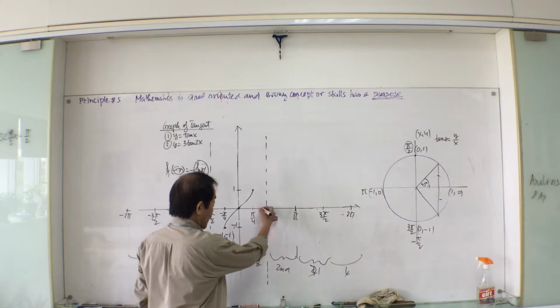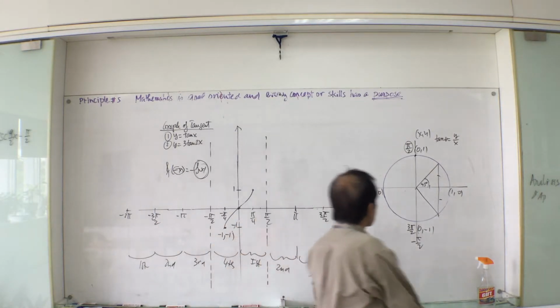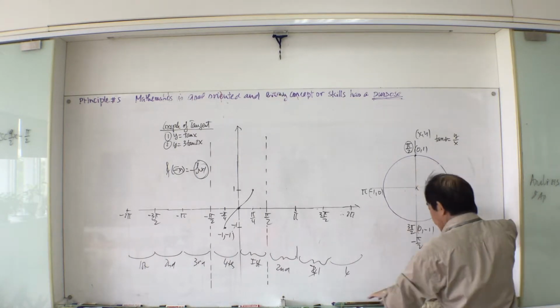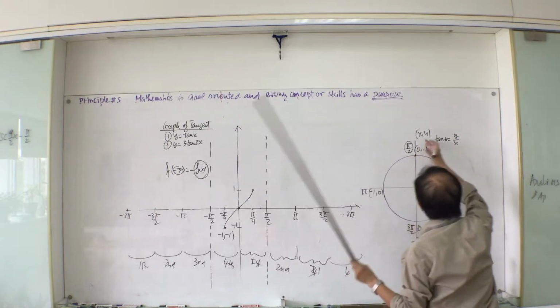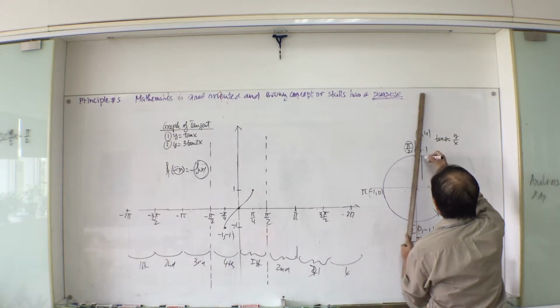So if tangent is getting bigger, close to 90 degrees, what happens? If the angle gets close to 90 degrees, what happens to x?